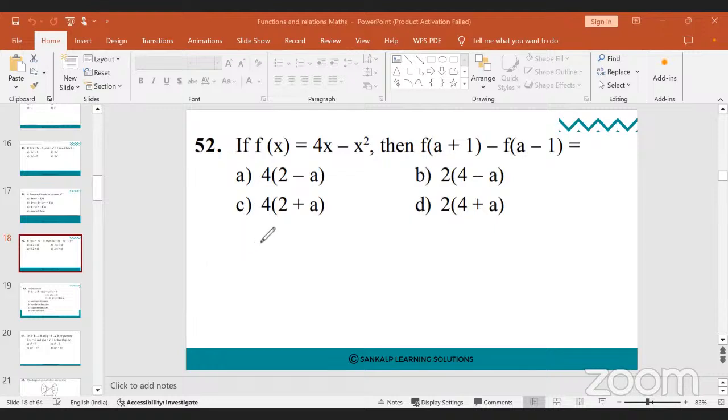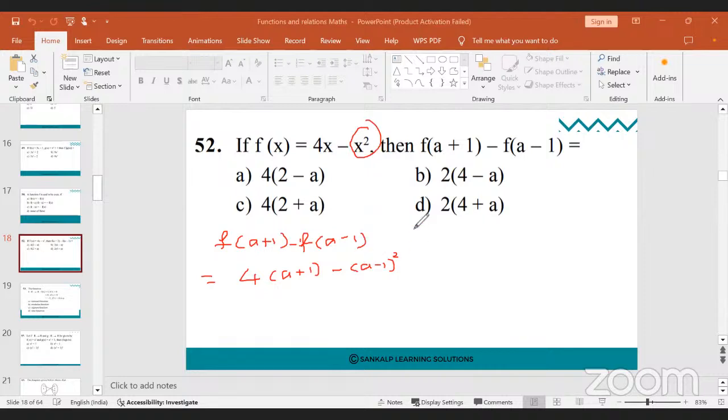That is f of a plus 1 minus f of a minus 1. So 4 of x is 4 into (a plus 1) minus (a plus 1) the whole square. Why? Because x square is there. Then minus 4 into (a minus 1) minus (a minus 1) the square.